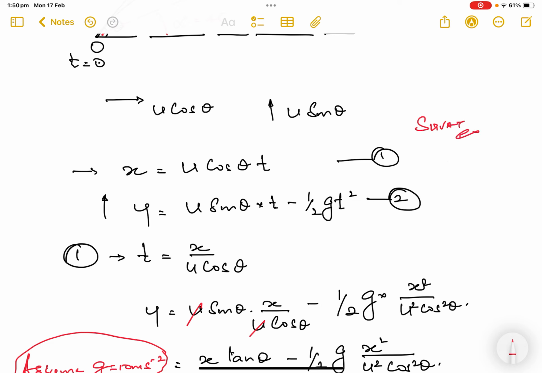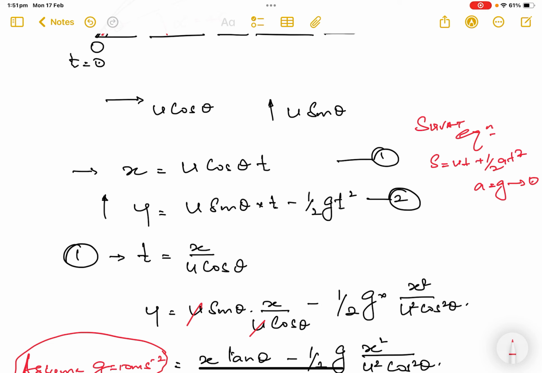Those are the speeds horizontally and vertically, and we're going to use the SUVAT equations. The first one we are using is s equals ut plus half at squared. But a is gravity here. Horizontally, g is 0, therefore only s equals ut.